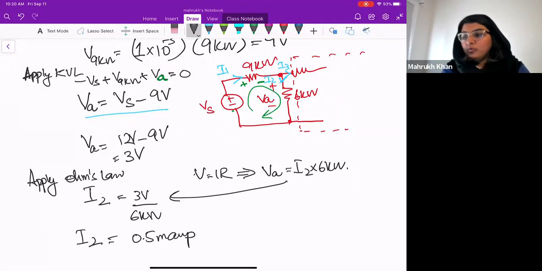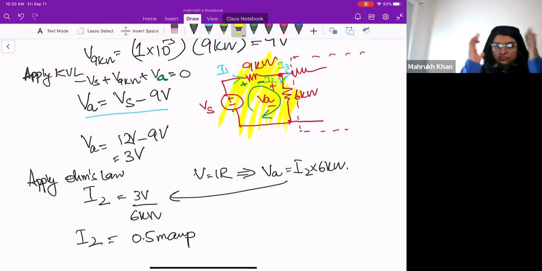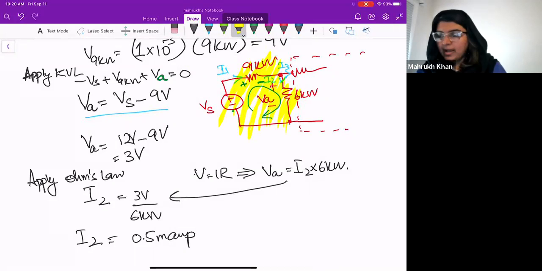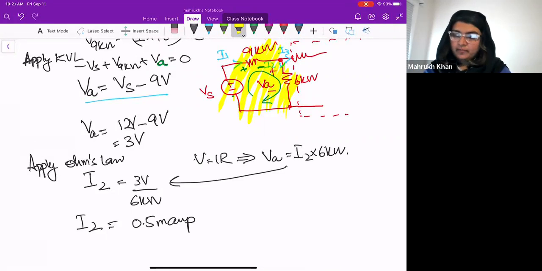So now we are done with this thing. We found all the voltages and the currents in this box, right? We can move further. So I2 is 0.5 milliamps. Now, one thing you are taking from there.